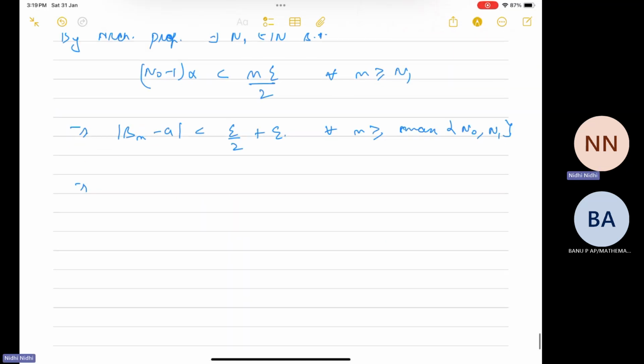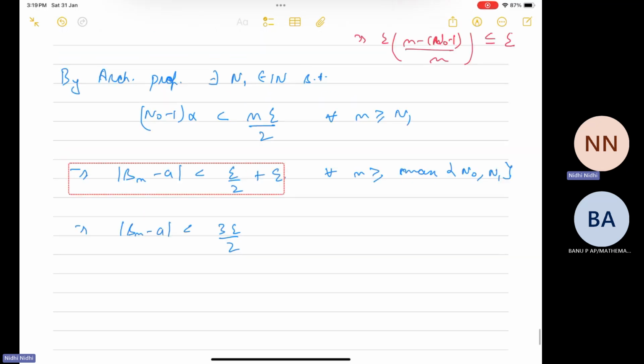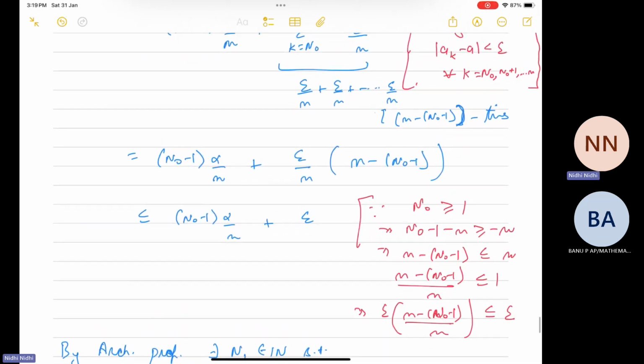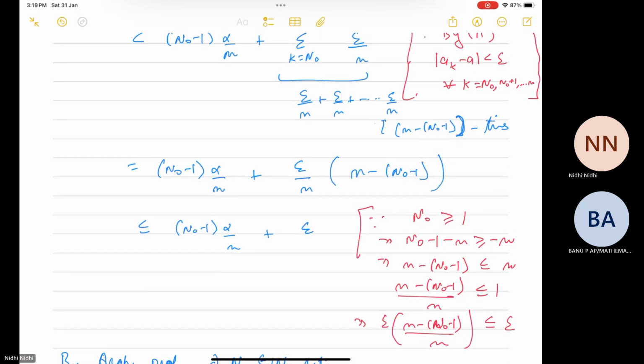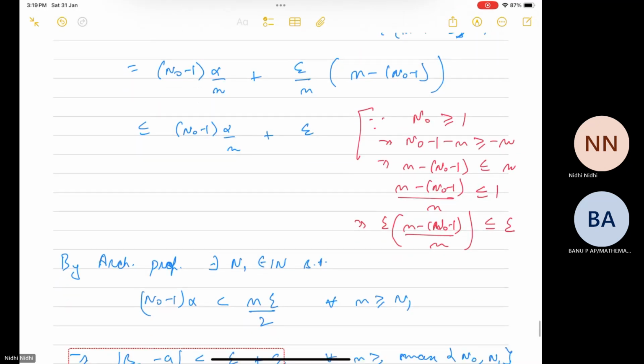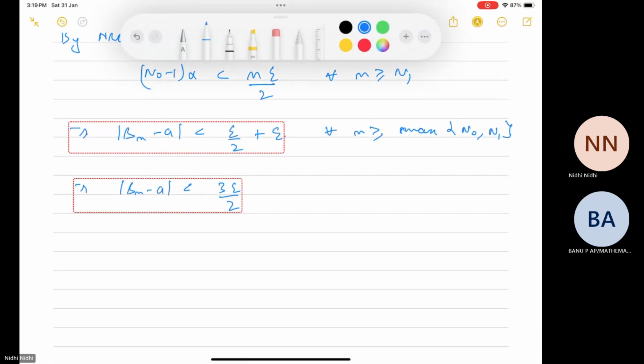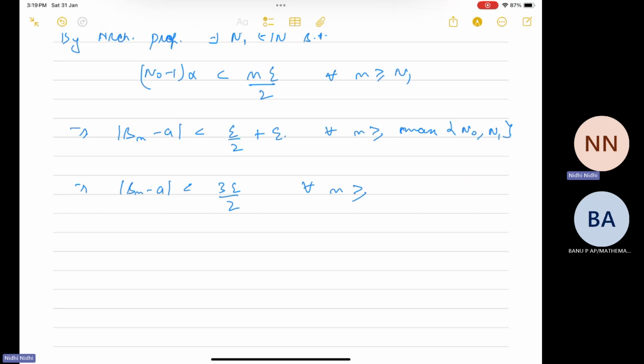So this is mod Sn minus a less than 3 epsilon by 2, or instead of epsilon, I can take 2 by 3 times epsilon, for all n greater than or equal to n2, taking epsilon dash to be 3 epsilon by 2, because any epsilon dash can be written in the form of 3 epsilon by 2, because epsilon was arbitrary.